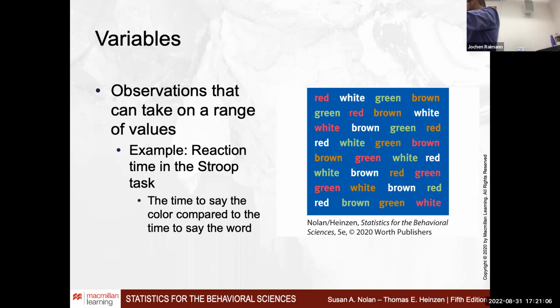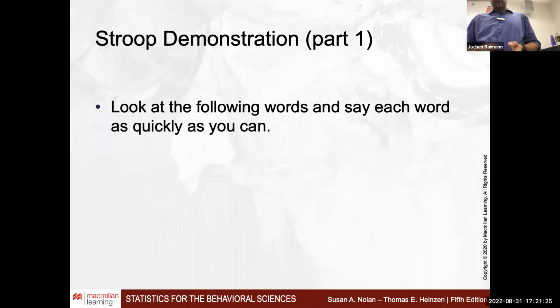To illustrate what data collection looks like, we have the so-called Stroop test as an example. The Stroop test is a very interesting test used in psychology to detect certain psychological phenomena. It's done as follows. I will show you the following 4 words.